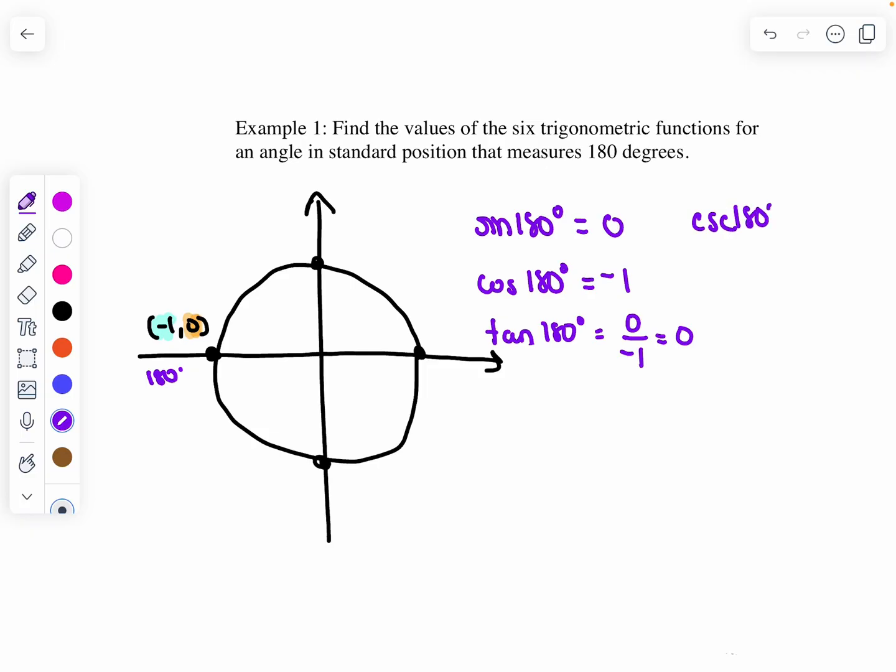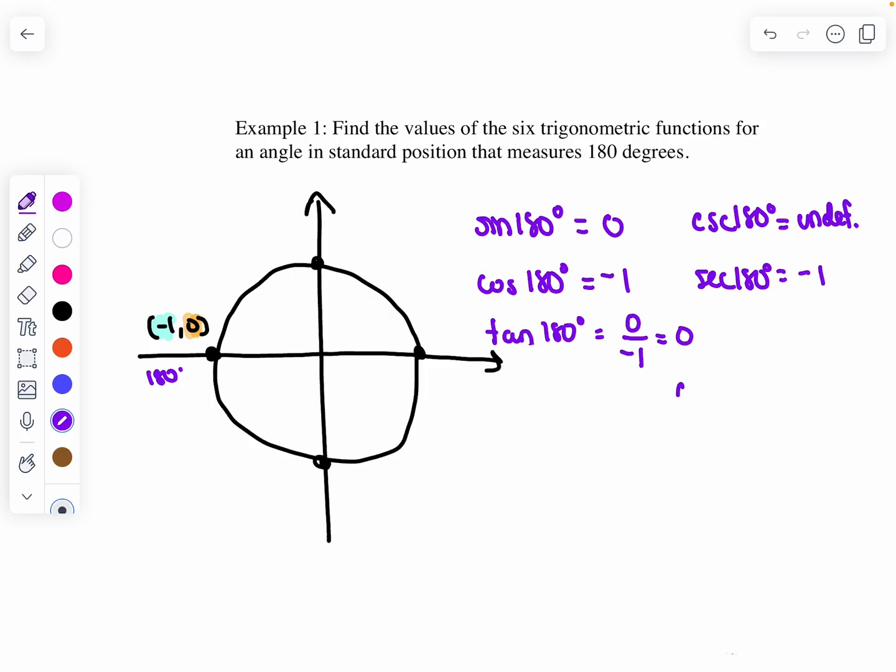Cosecant of 180 would be the reciprocal of what the sine would be, because sine and cosecant are reciprocals. So the reciprocal of 0, well, you can't divide by 0, so that's undefined. Secant of 180 would be the reciprocal of cosine of 180, and the reciprocal of -1 is -1.